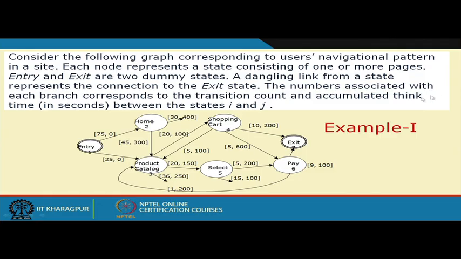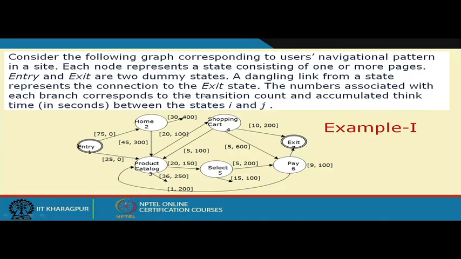Okay. The number associated with each branch corresponds to the transition count. So, from state 2 to state 3, the transition count is 20. From state 3 to state 4, the transition count is again 20, and so on. And from entry, let us say a total of 75 entries have been made to the home state and 25 to the product catalog state.